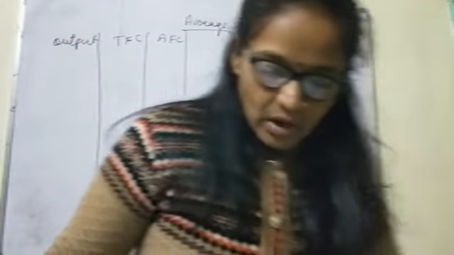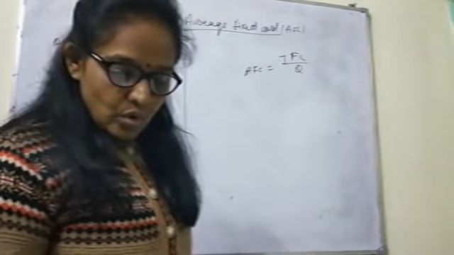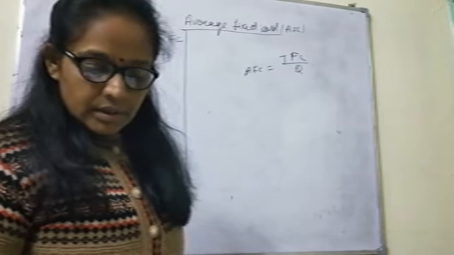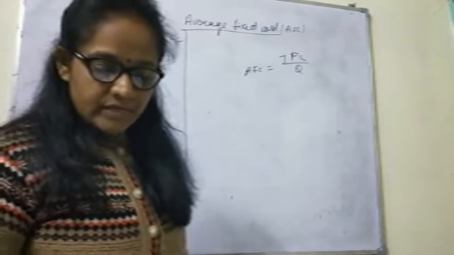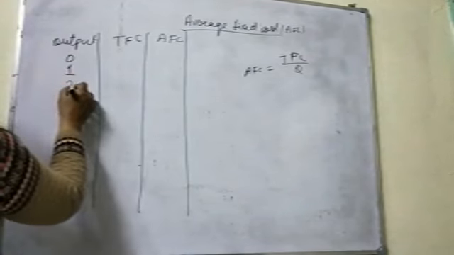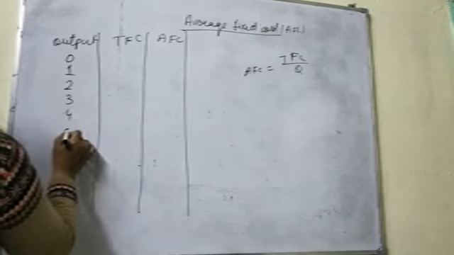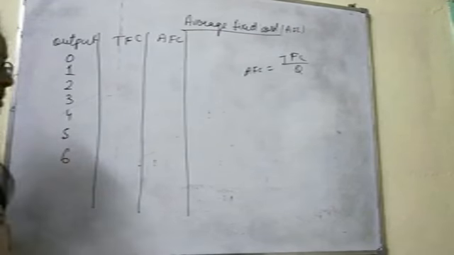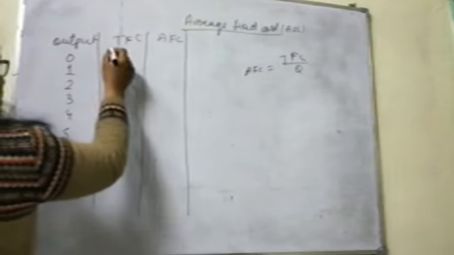Okay, now see all of you. You know the AFC values. For example, we have taken output 0, 1, 2, 3, 4, 5, 6. Is it clear? What was TFC we have taken? 120.